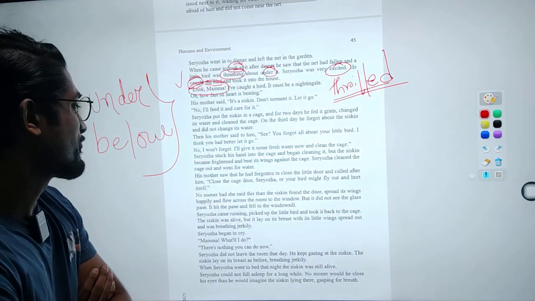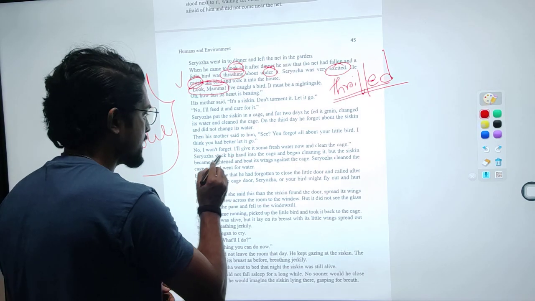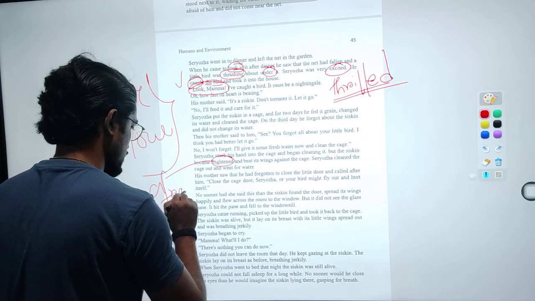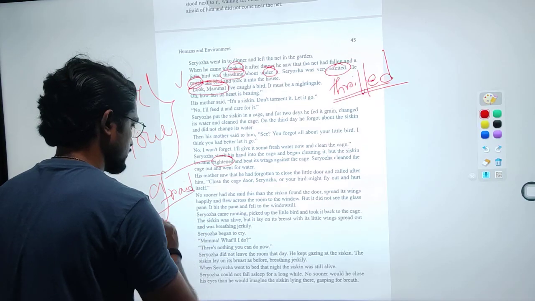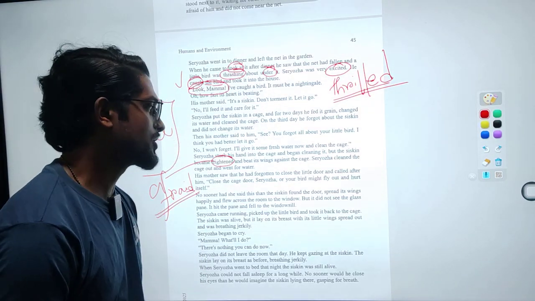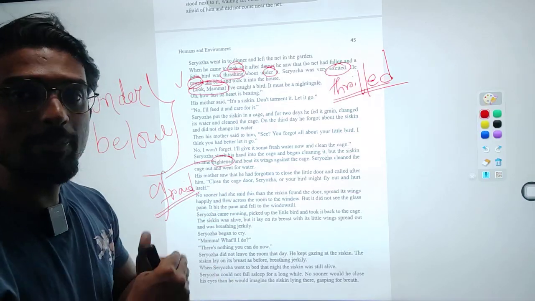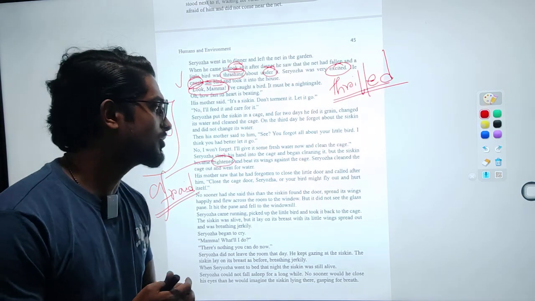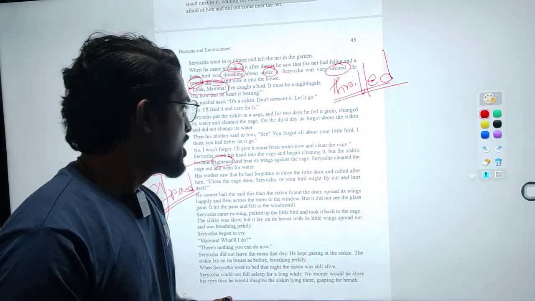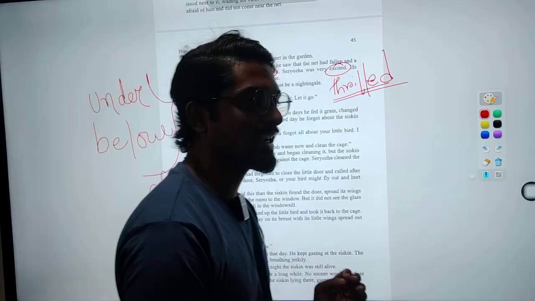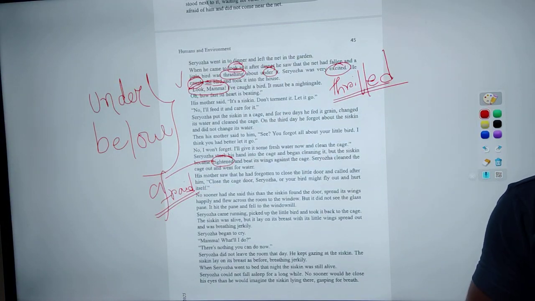But the siskin became frightened, became afraid, and beat its wings against its cage, অর্থাৎ জোরে জোরে is flapping its wings, জোরে জোরে ডানা ঝাপটাচ্ছে. Why? Because it is frightened. Shailaja cleaned the cage out and went for water, এবং কেজ ক্লিন করার পর সে কি করলো, পানি আনতে গেল.